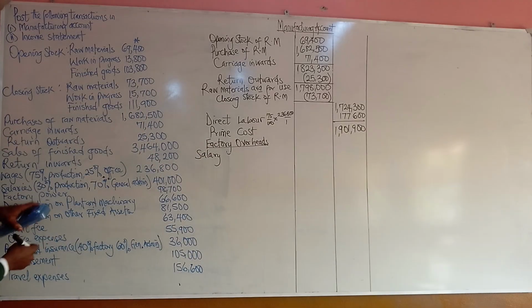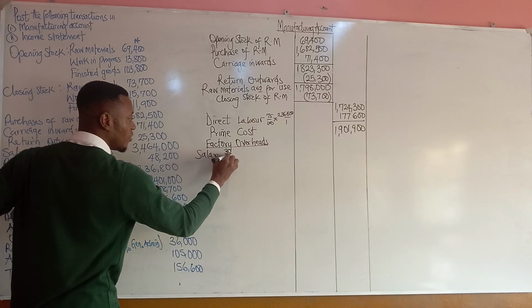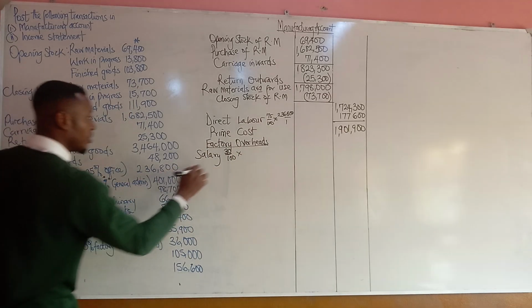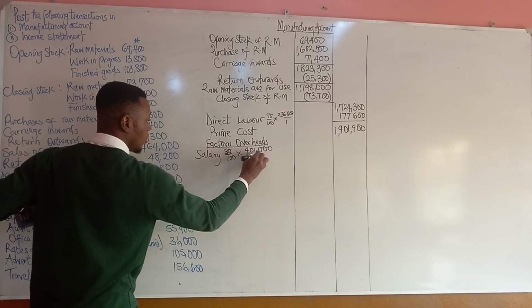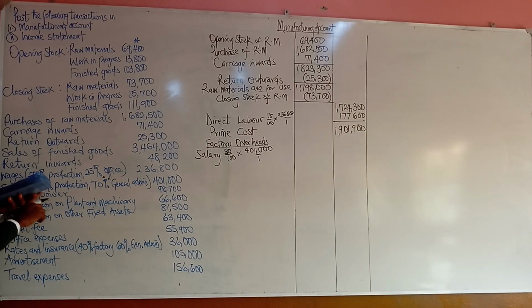Now, mind you, we have to calculate this. It's 30% of production, so it will give me 30 over 100 multiplied by the cost of salary, 401,000, over 1. That is because of the percentage here.